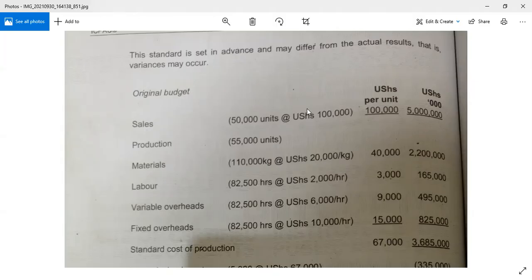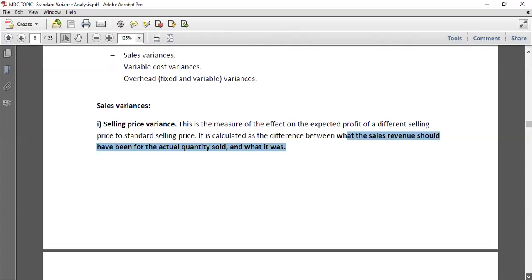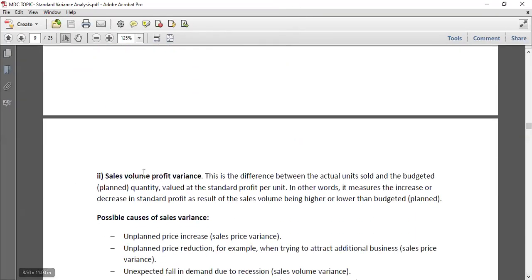So in getting the selling price variance, that is what we basically do. Now remember what our notes here indicate. They told us that the next is getting the sales volume profit variance.